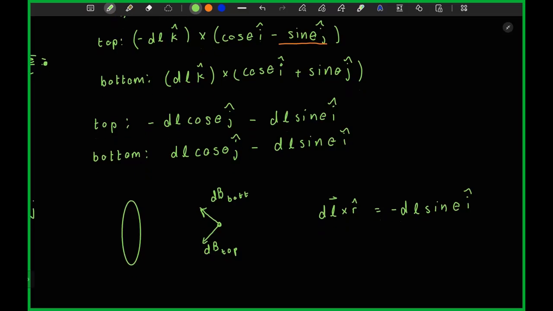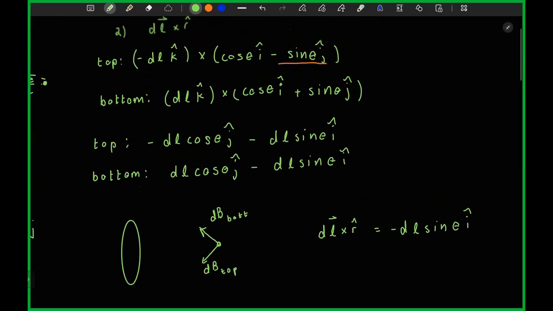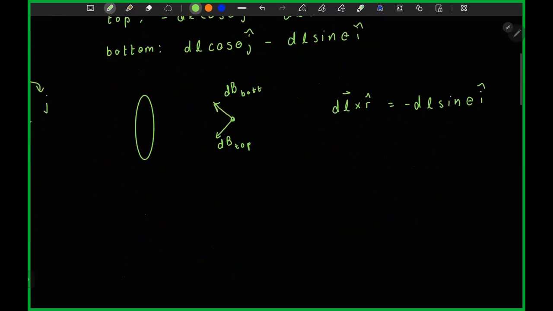Now, if that felt like a lot, we're now essentially almost done with the problem. And so let's move on to step 3, which is, of course, we're going to write out our integral, and we're going to ask if anything varies with our variable of integration. So Biot-Savart, we've got integral mu naught I over 4 pi r squared. dl cross r hat now just gives us sine theta dl.